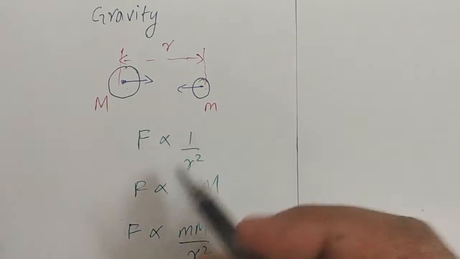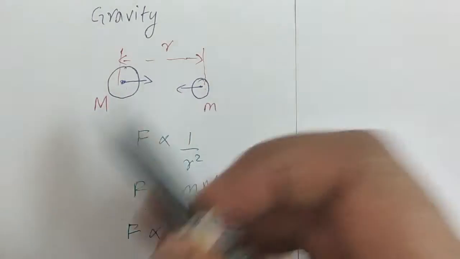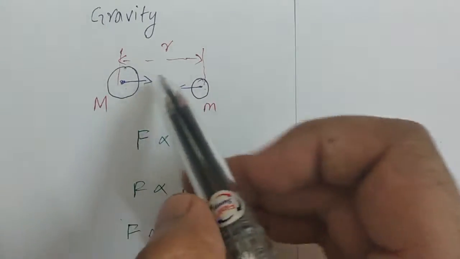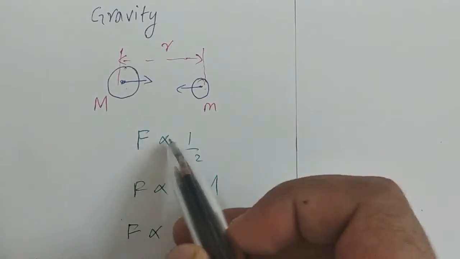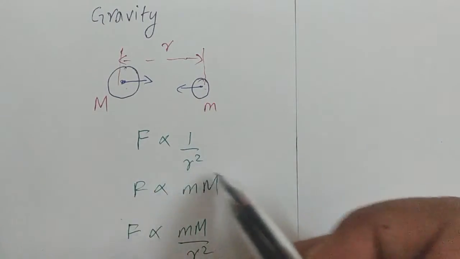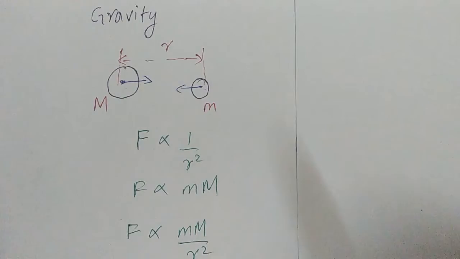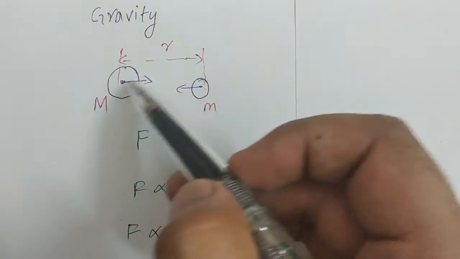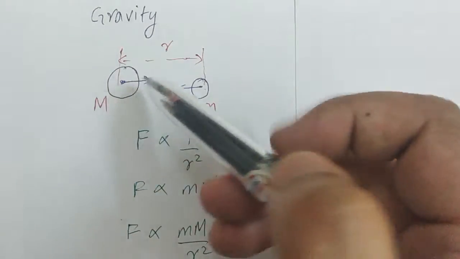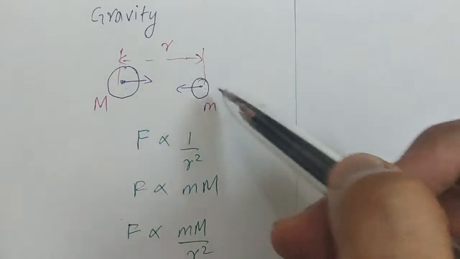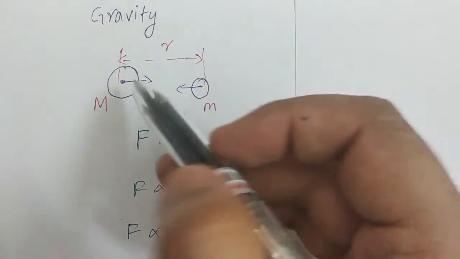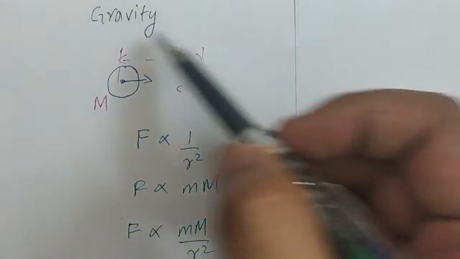Note that in this situation, as the distance between the two objects increases, the gravitational force decreases, because the force is inversely proportional to the square of the distance between the two objects. Also, if this object has more mass, or if this object has more mass, then it will have more gravitational force of attraction between the two objects.